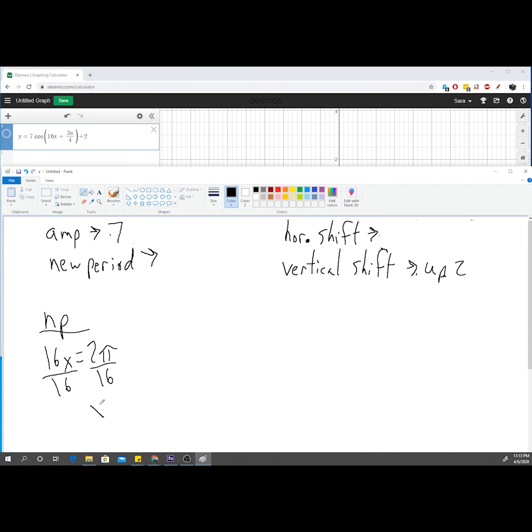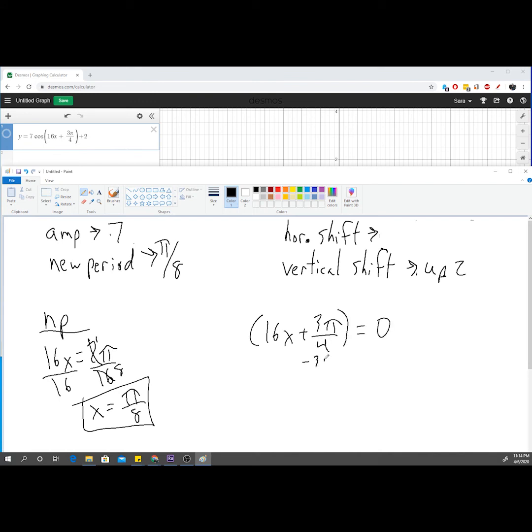And I see that I'm going to get x equals pi over 8 when this simplifies out as my new period. My horizontal shift, I'm going to set everything in parentheses equal to 0. I'm going to move things one at a time over.